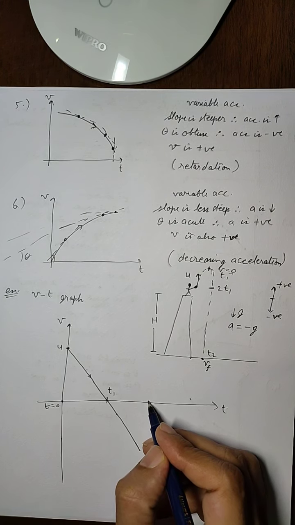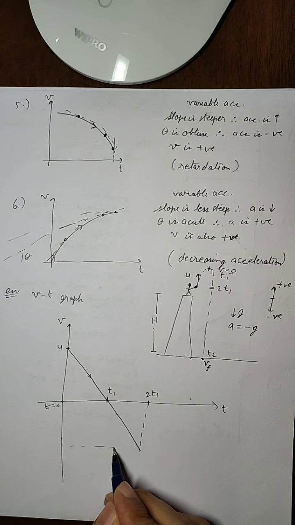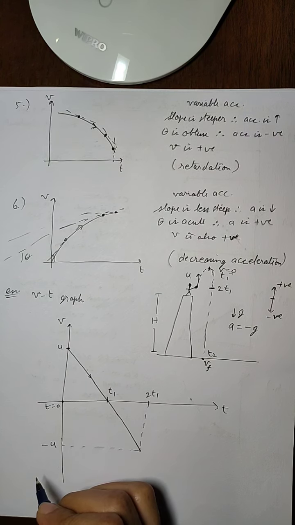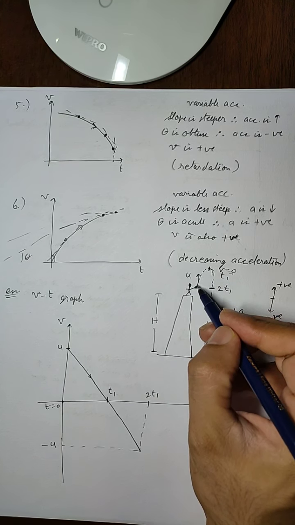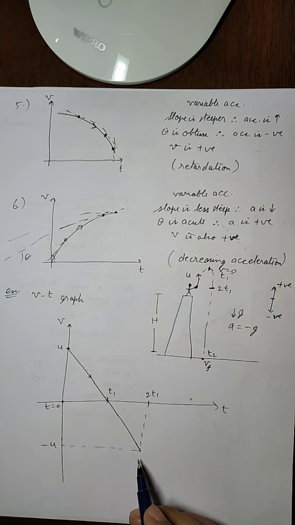So at this point, let us say 2t1, the velocity will be minus u. From here to here it started with u, then 0, and then again minus u.